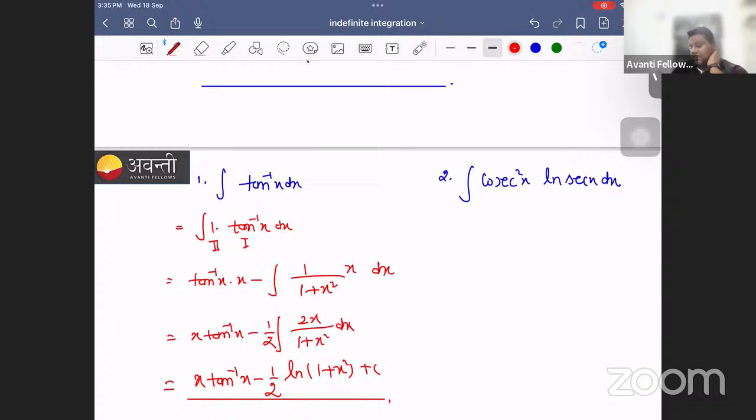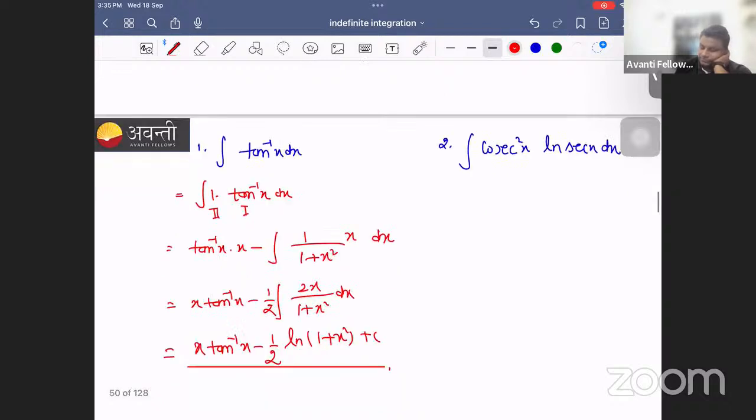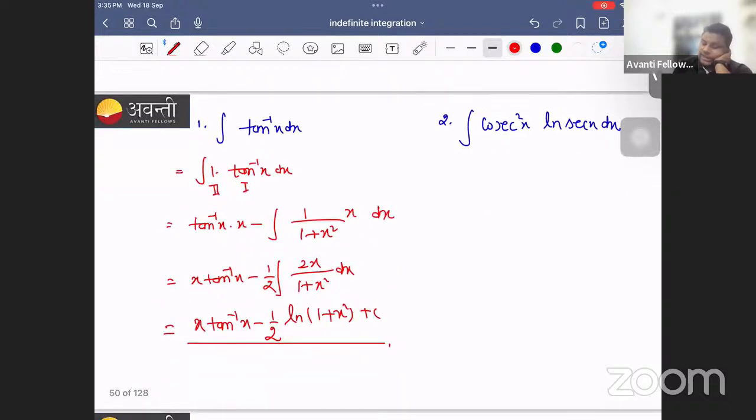Now the second one. Integration cosec square x ln sec x dx. So now ln and trigonometric. So assume this one as first, this one as second, because we are aware of the integration of cosec square x.